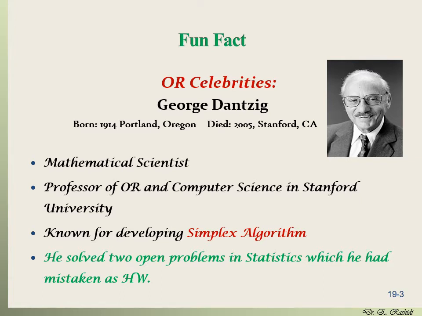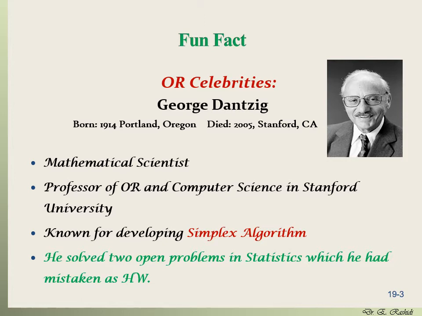As a professor of operations research and computer science at Stanford University, he contributed a lot to advancing the science of operations research and specifically linear programming. He was actually the pioneer in linear programming. He's mainly known for his development of the simplex algorithm, which is still being used to solve LPs.